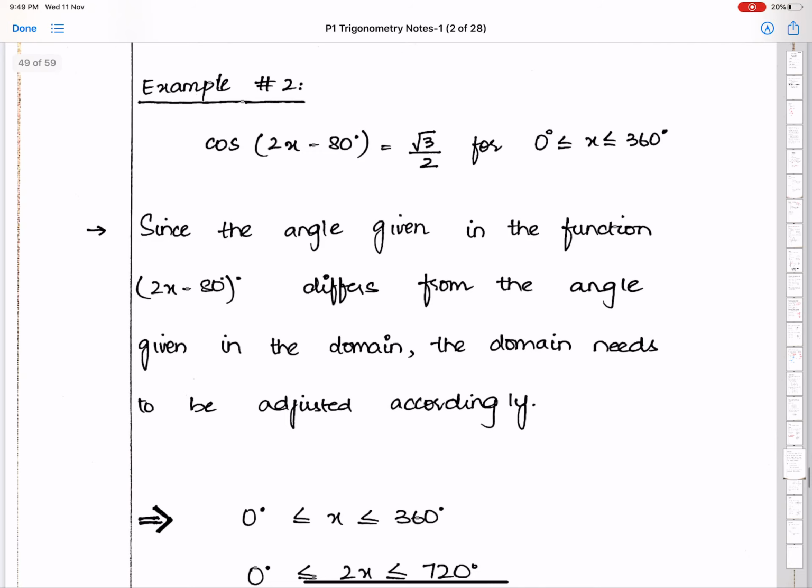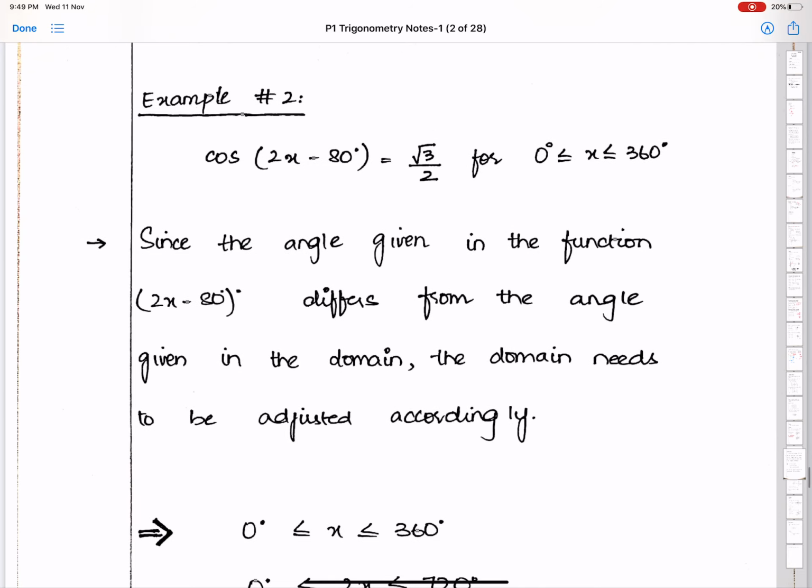Example 2. This is one of the most important examples. Since these two are different, therefore we need to make this x as 2x minus 80. We need to bring 2x minus 80 here. We need to convert this x in the form of 2x minus 80 before we start solving this equation.